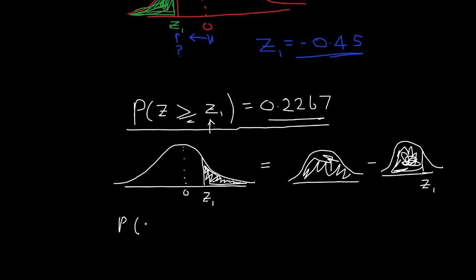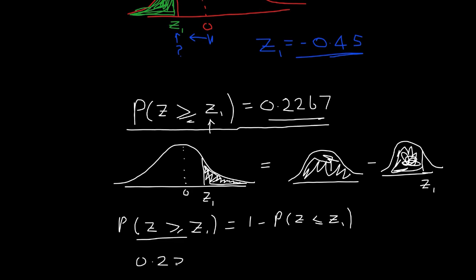Probability Z greater than or equal Z1 can be written as 1 minus probability Z less than or equal Z1. This is given as 0.2267.